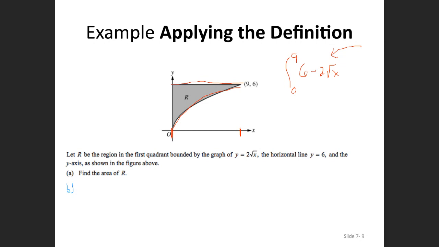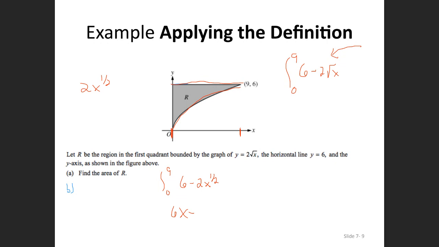So if I do this problem, I'm going to go 0 to 9, and then 6 minus 2x to the 1/2. If I'm going to take an integral, I need a power here. So if I take the integral, this becomes 6x minus, and then 2x to the 1/2 means I have to add 1.